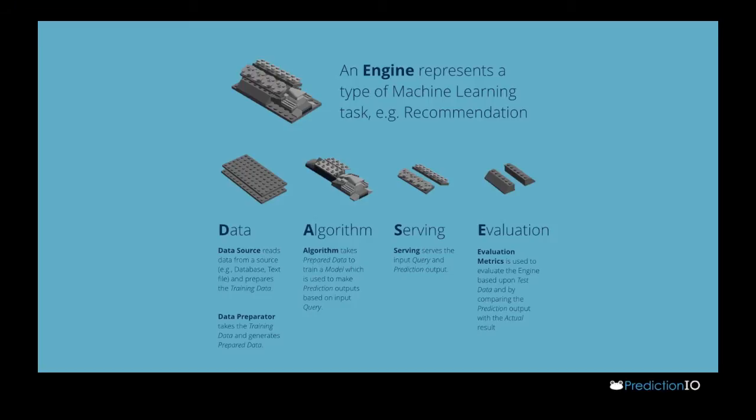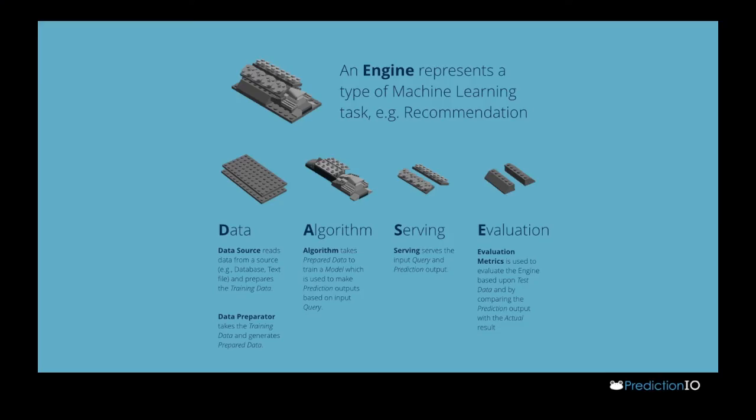So recommendation is one, classification might be another, clustering might be another. And our goal is to really streamline the data engineering process and offer this modularized code base that can be customized to each requirement of a different use case.